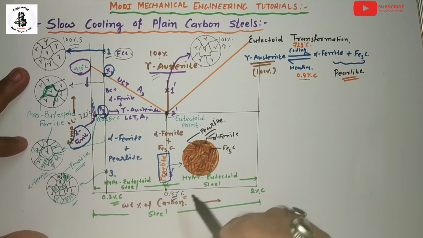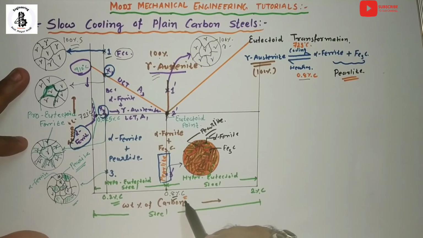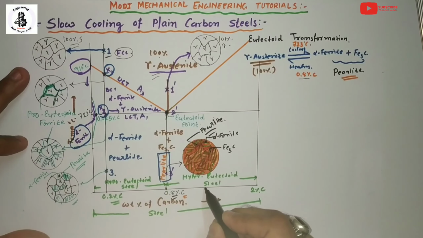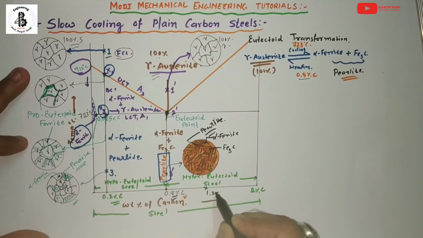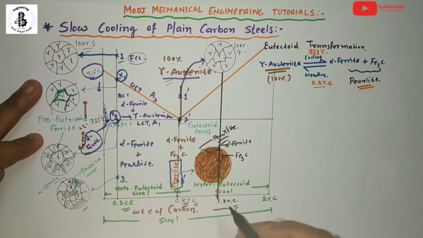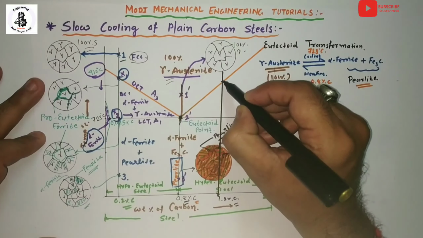Now I would like to make one more point, beyond 0.8% of carbon. Just take a point around 1.2% of carbon. Make a vertical line from 1.2% of carbon, and that will intersect at this point.